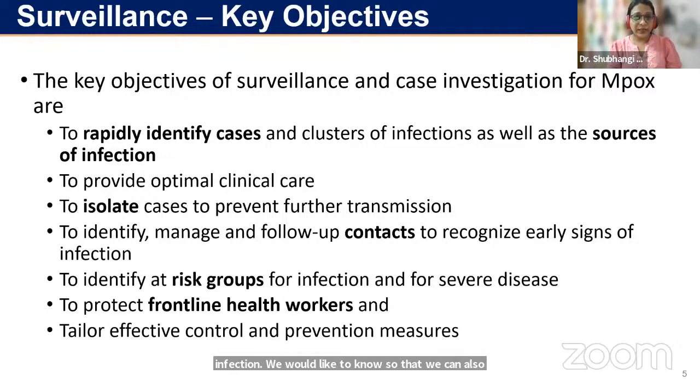Isolation of cases is necessary to prevent further transmission, and we need to identify, manage, and follow contacts to recognize early signs of infection. That will help us further prevent transmission, identify at-risk groups for infection and severe disease, protect frontline health workers, and tailor effective control and prevention measures.